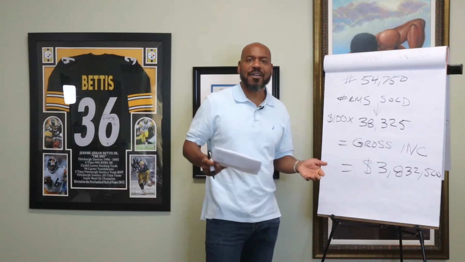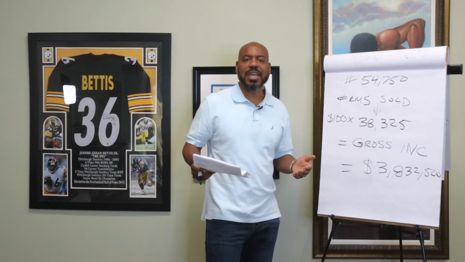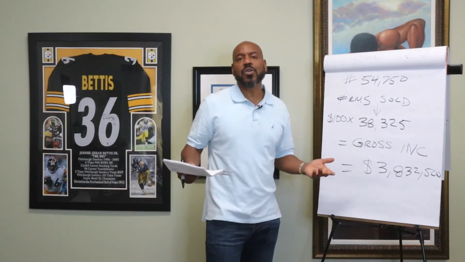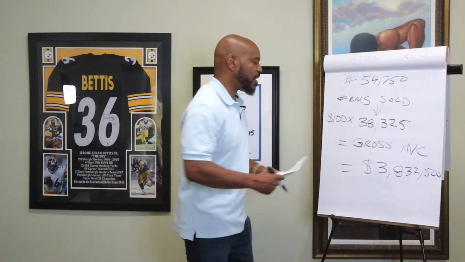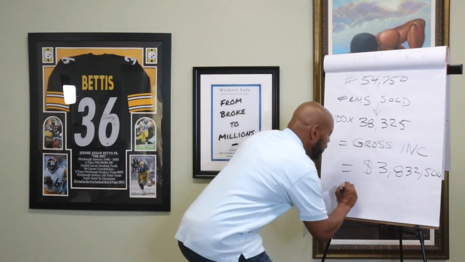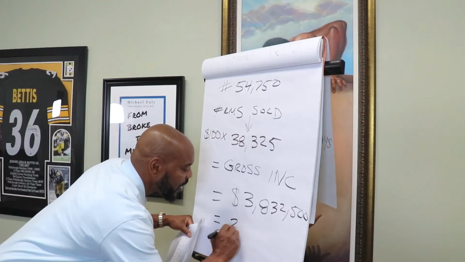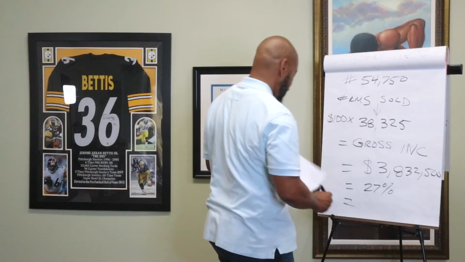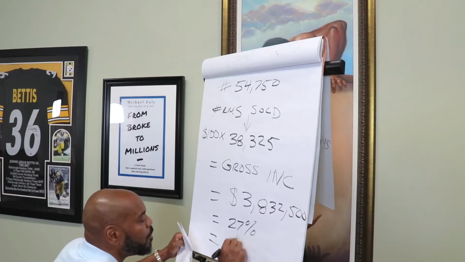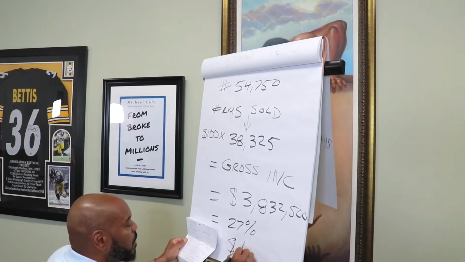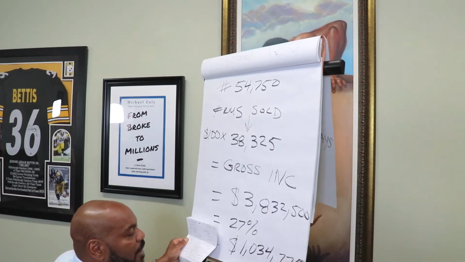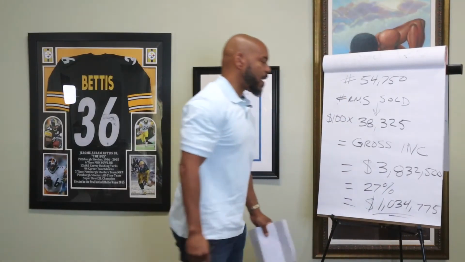So 25 to 30% of the gross income is what the NOI is. So in this example, I'm just going to go in the middle and let's just say 27%. So we're going to say 27% times the gross income. That's going to give us $1 million profit: $1,034,775. That's our NOI, all right?